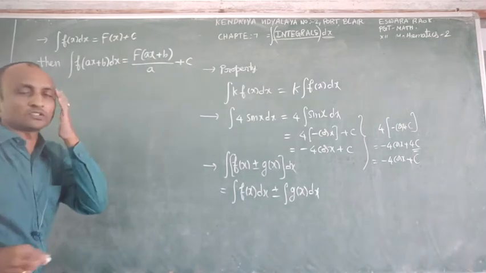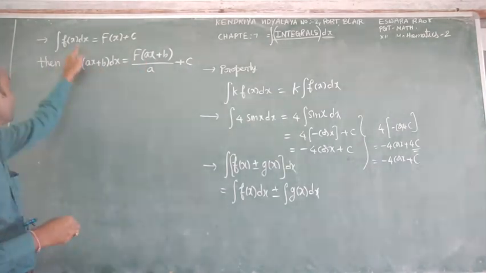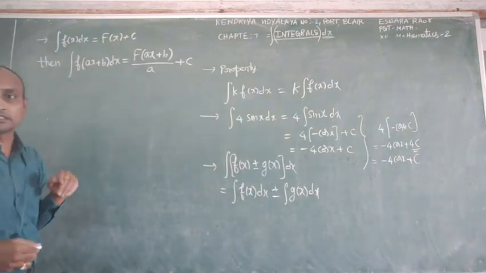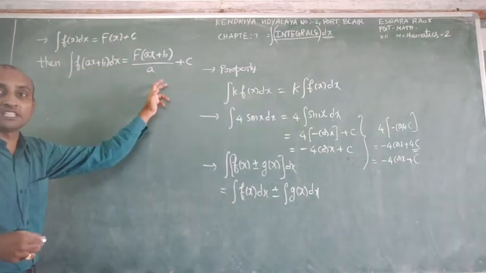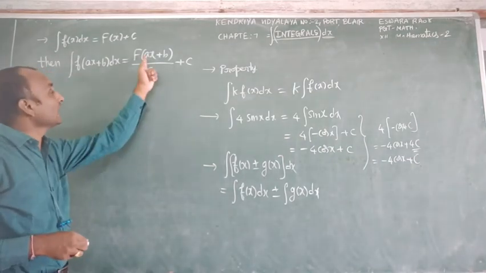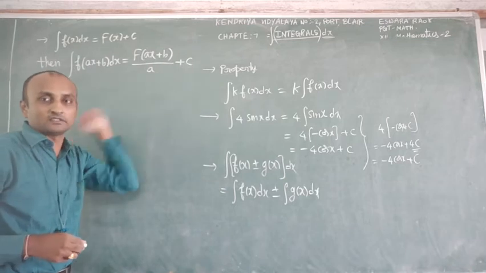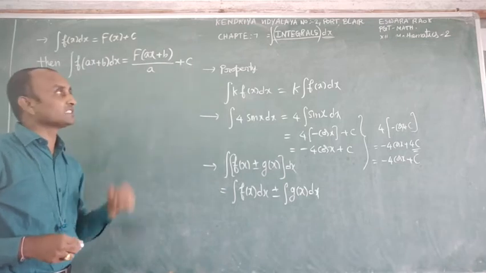Here you should remember the x coefficient must be divided. Here the x coefficient is 1, so no need to divide. But here the x coefficient is a, so it should be divided. Because when I differentiate using the chain rule, I get the derivative of ax plus b, which is a, multiplied, and that will be cancelled. So this is a very important thing to be remembered.